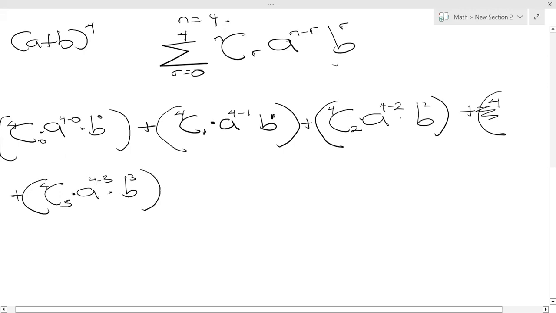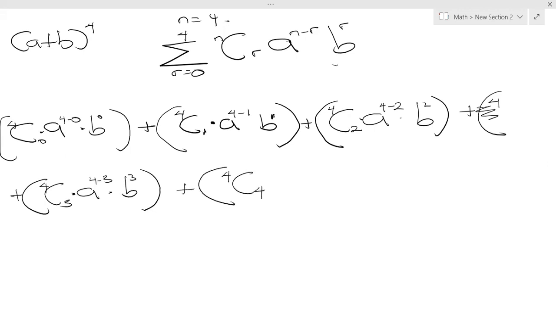That's the value of r. Plus the last one, when r and n are the same value, 4 C 4 dot a raised to 4 minus 4 dot b raised to 4. So that's just it.